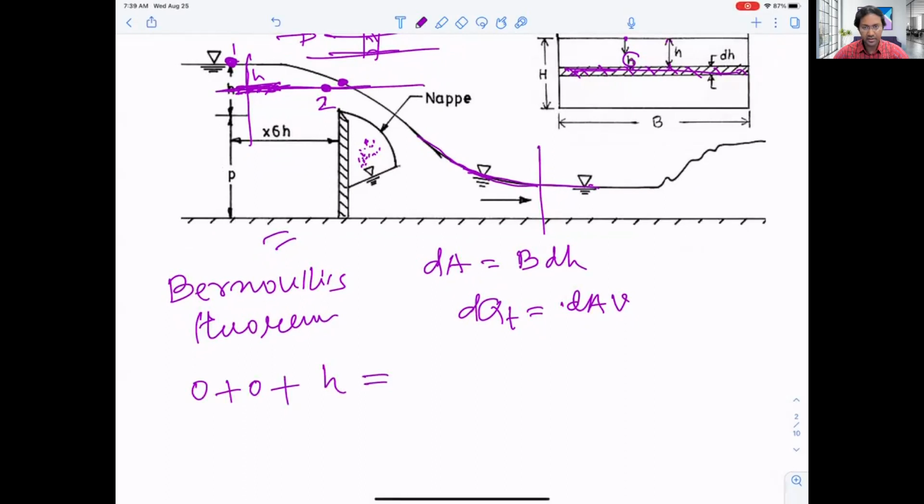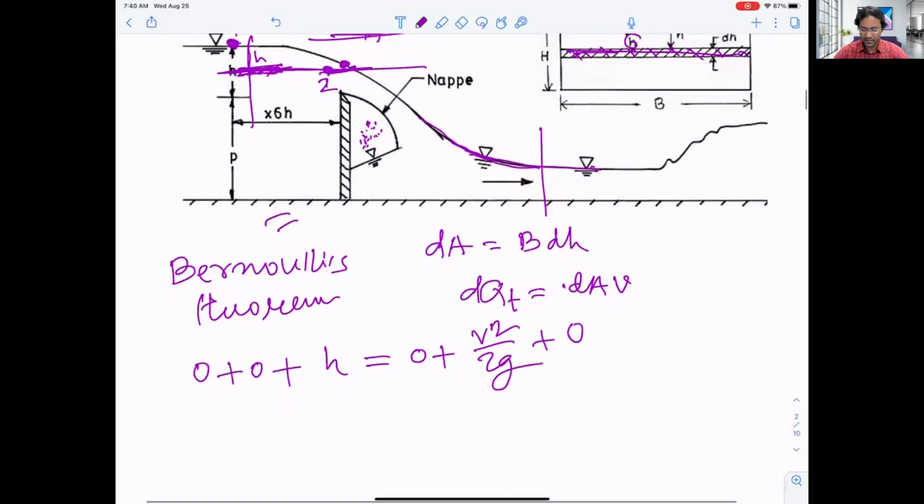At point 2, since water is flowing with a velocity, we'll have the velocity term. And this surface is on the nappe, it is also under atmospheric pressure, so the pressure head will be 0.